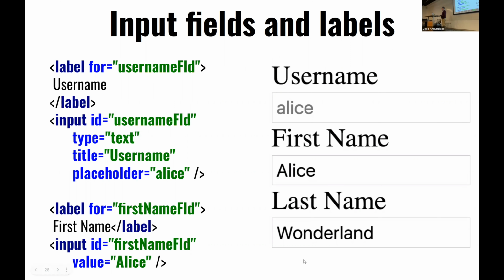Also, we have this type equal text. Type equal text says that this input field can have many types. We could say that this input field is an email, or a date, or only numbers.